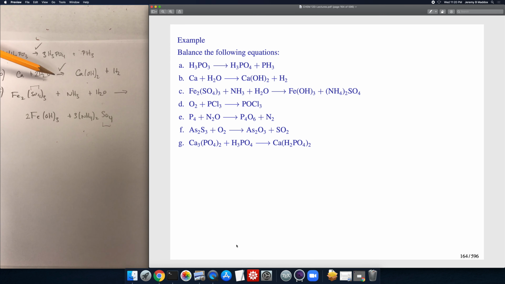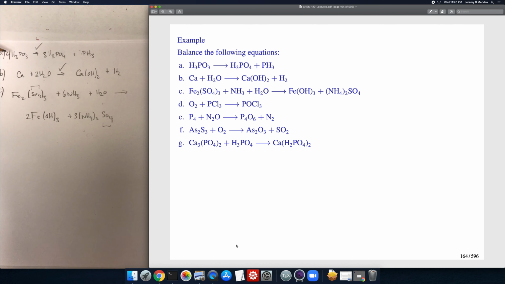So why don't we take a look at the nitrogen first, since nitrogen appears here in the ammonia and it appears here in the ammonium. We see that we've got now 2 times 3, 6 nitrogens, and only 1 nitrogen on this side, so it's fairly easy to put a 6 there and balance those nitrogens.